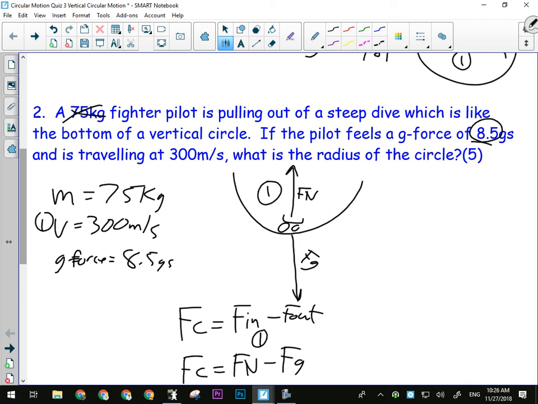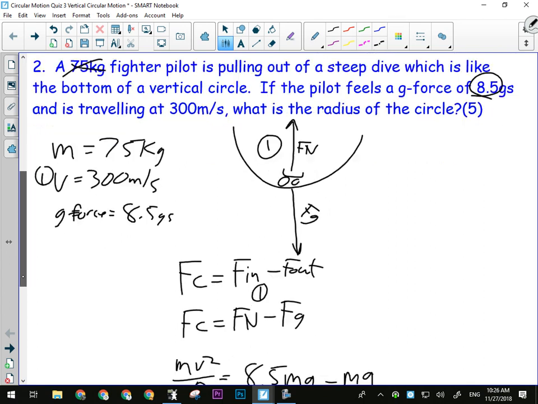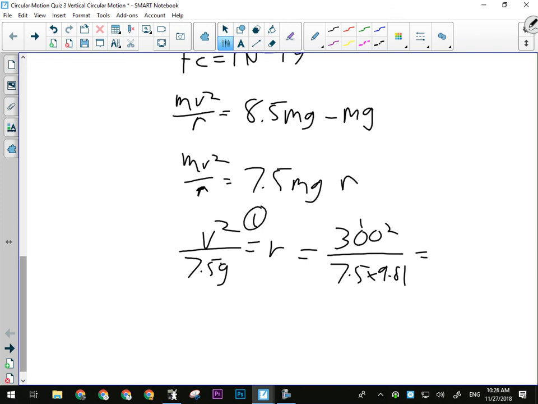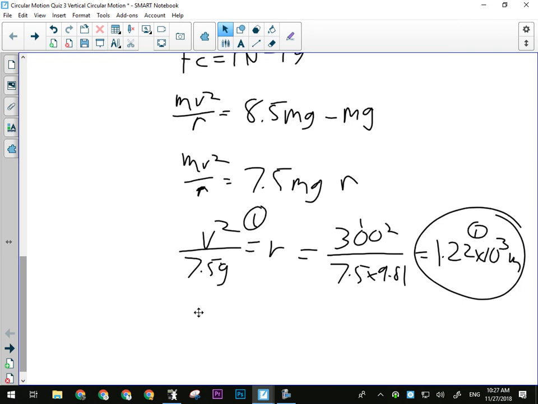It's a factor, not a measured value. So I'll let that one go, but our actual significant figures should be 3 on this one. 1.22 times 10 to the 3 meters for their fifth and final mark. Give them a mark out of 10. Let them see it, and then put them on this desk here in front of Cohen.